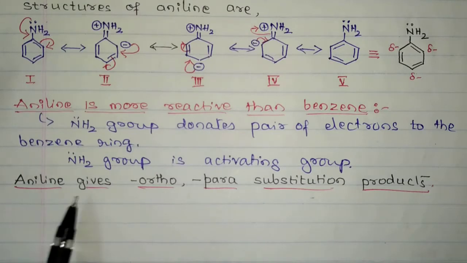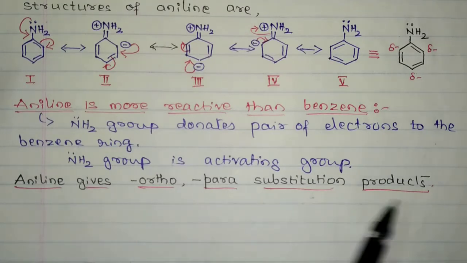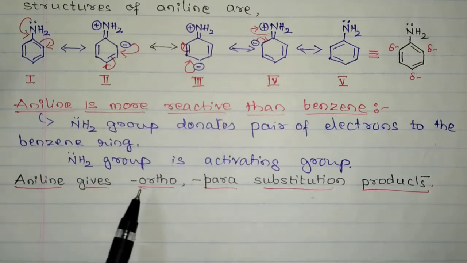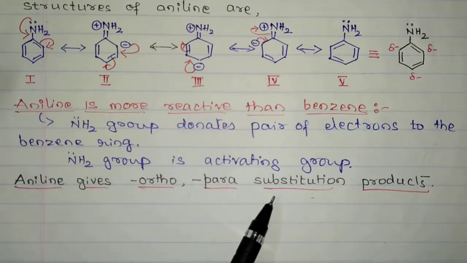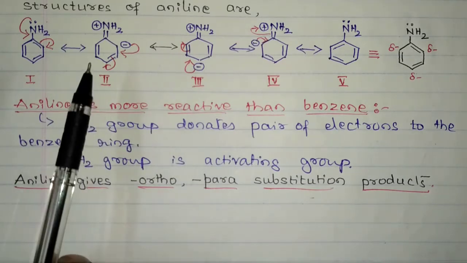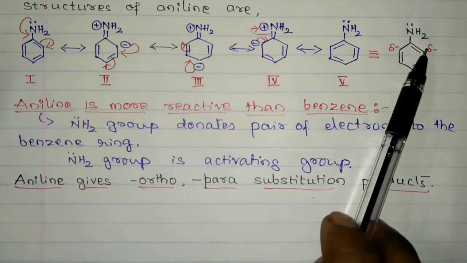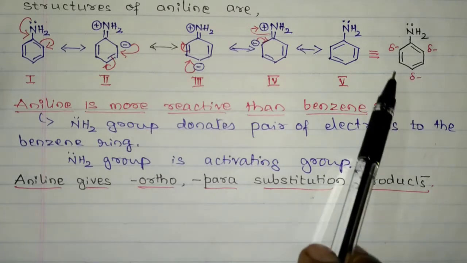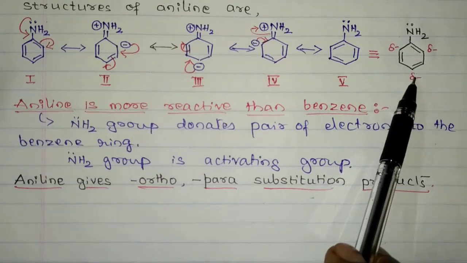Now let us see why aniline gives ortho and para substitution products. It does not give meta substitution product. Generally it gives ortho and para substitution products. In the resonance structures of aniline, a negative charge is present on the ortho as well as para positions, as shown in this structure.